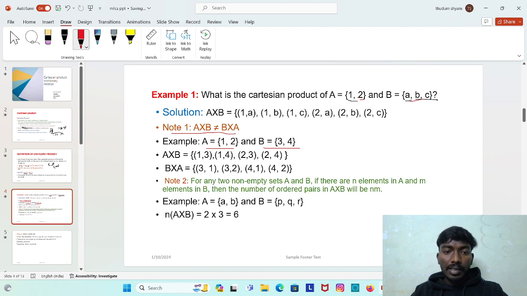So we have verified that A × B is not equal to B × A.